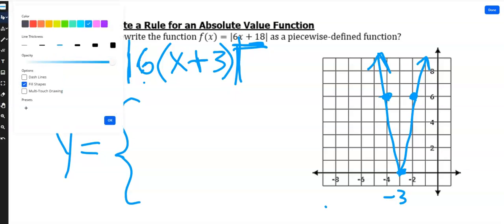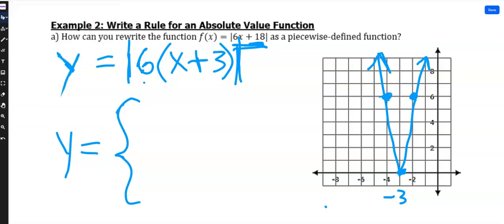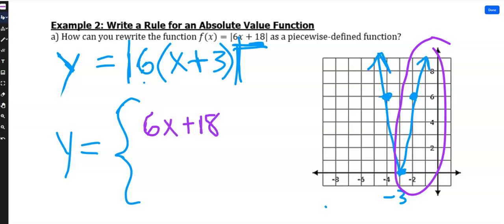If you take a look at this part of the graph, the right side only, that is 6x plus 18. Now, what part is it? Well, I guess you could say from -3 to positive infinity.